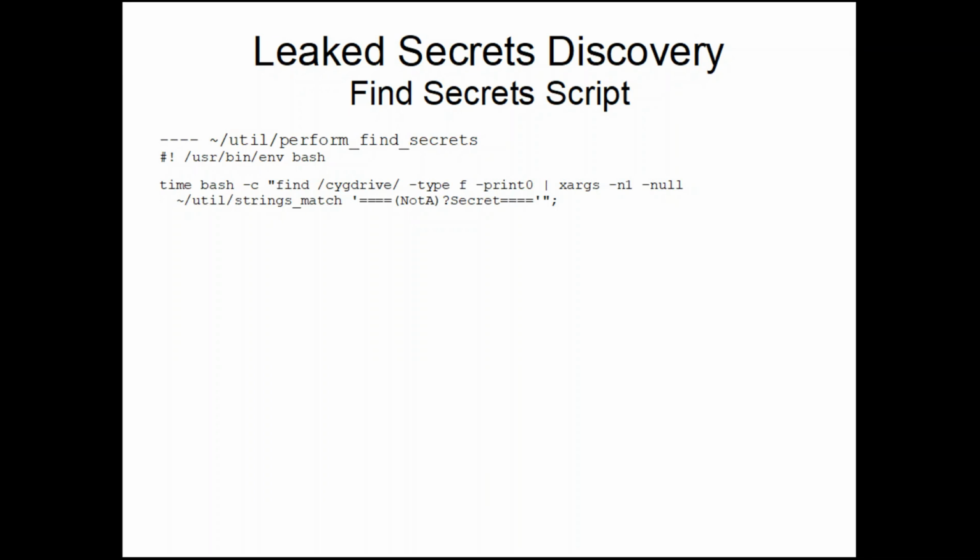If there are no matches, then it puts out nothing, no file name, nothing. So ideally, we'll just get a bunch of no output. But when things do leak and it discovers them, we'll get the name of the file plus the contents of what actually did leak.